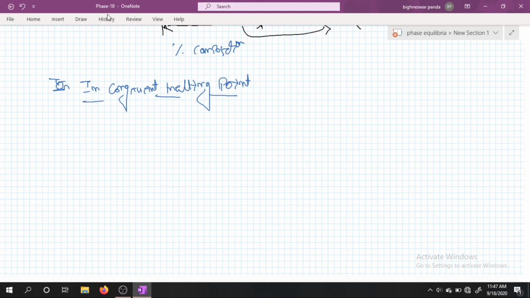So what is congruent melting point? The congruent melting point is a point at which the liquid freezes or solid melts at the same composition, no composition being changed, or you can understand it as whole of the A plus B liquid on the spot being converted into whole AB solid. No equilibrium exists between A plus B liquid and AB solid.